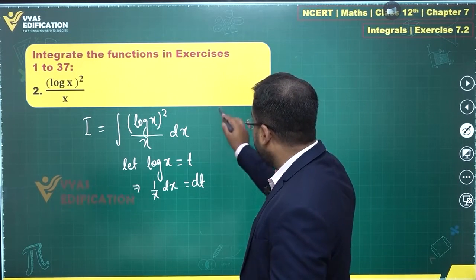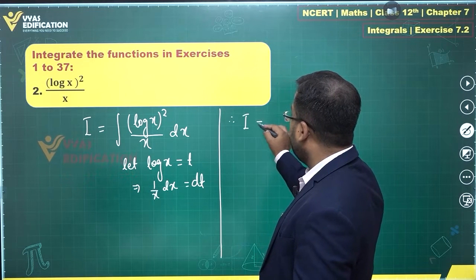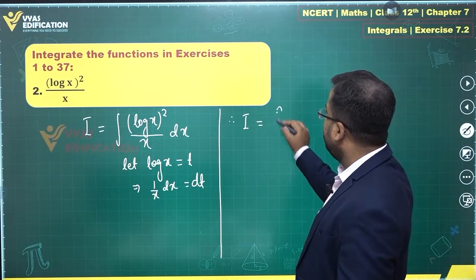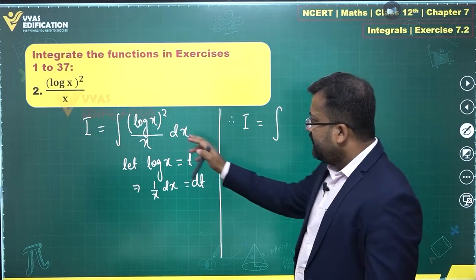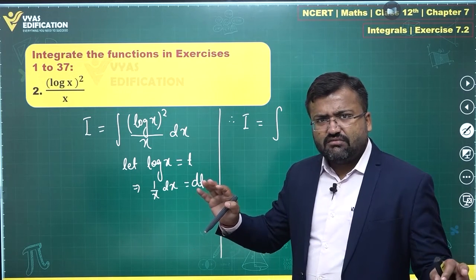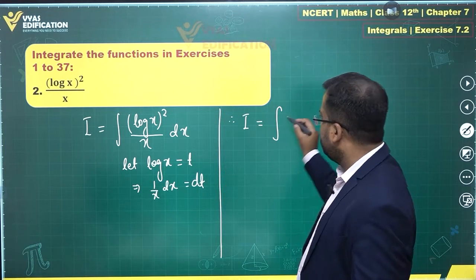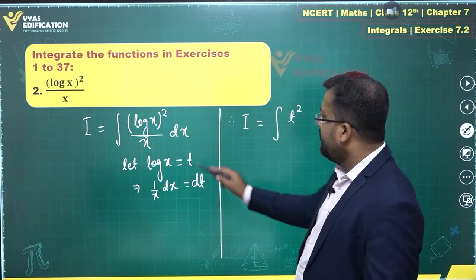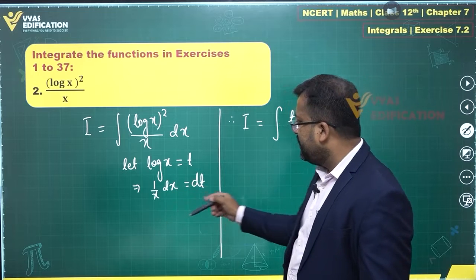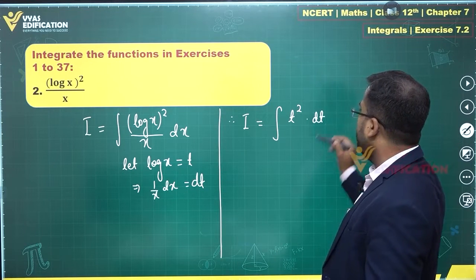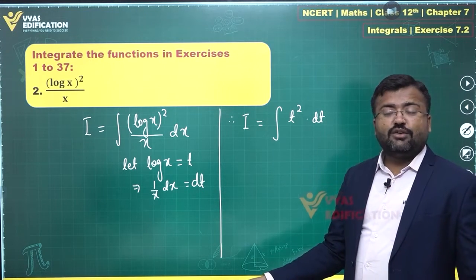Right. So with the help of this, I will convert to what? I will be integral of, replacing x in terms of t at all places. So log x is simply t, this becomes t squared. dx upon x is simply dt. This is what I get. And the integral of t square, that's pretty simple.